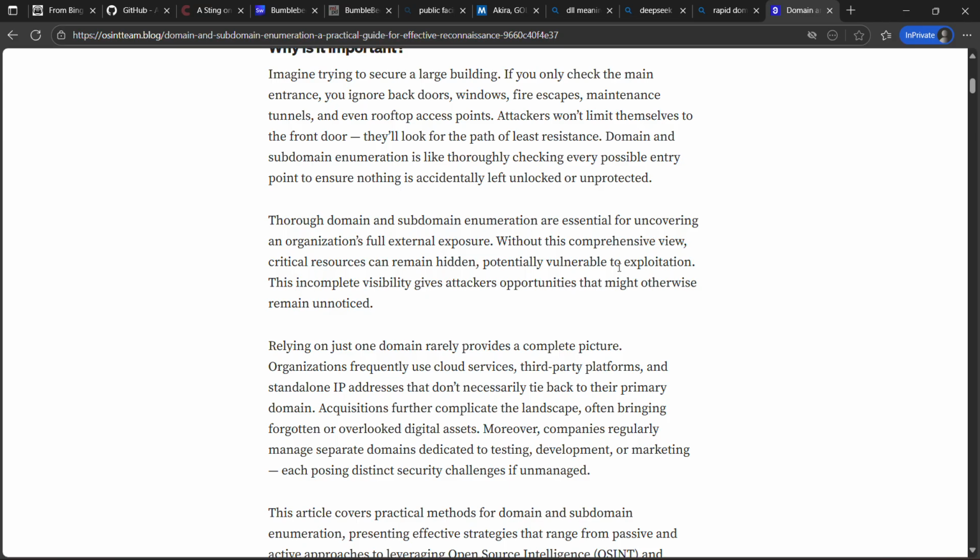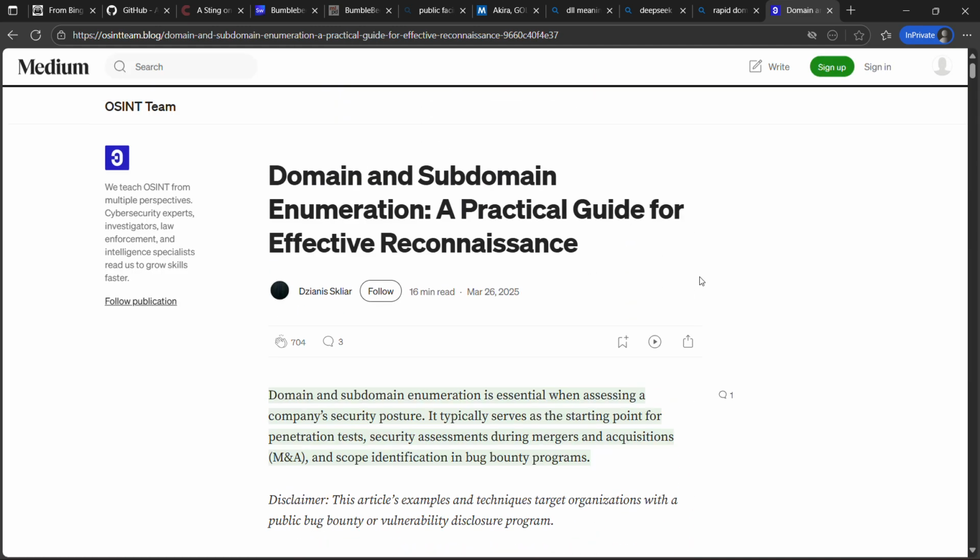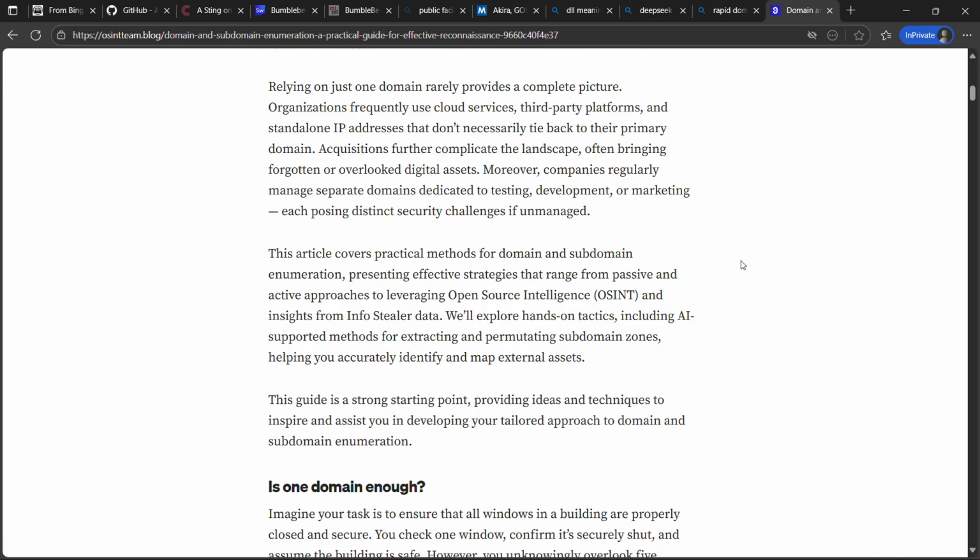So it's like port scanning, right? Port scanning is scanning for active ports, for open ports that are not used, and domain and subdomain enumeration is basically the same thing.